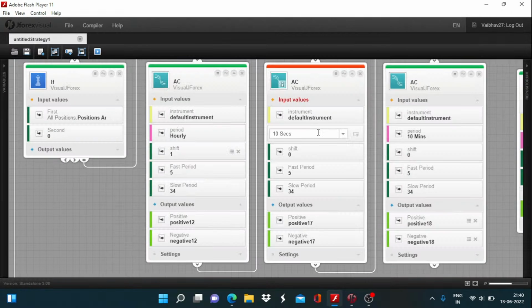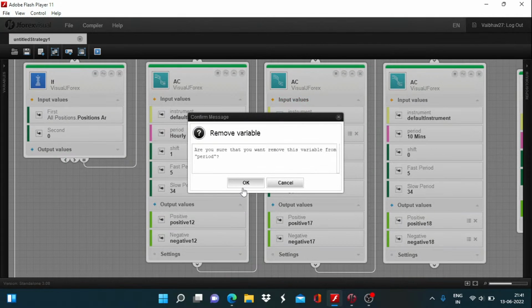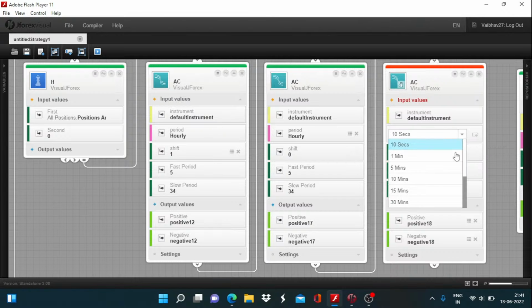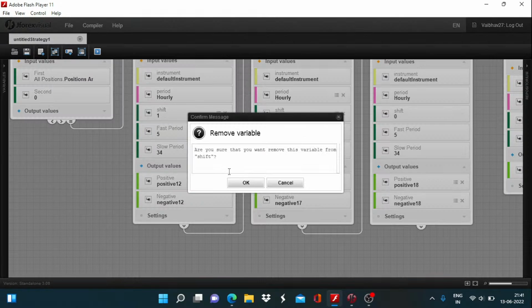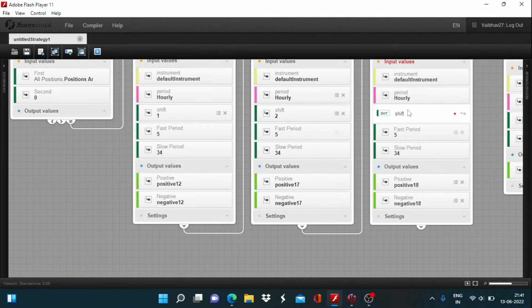Here also we change the candle period to hourly. Look back period of 2, and here it is going to be 3.